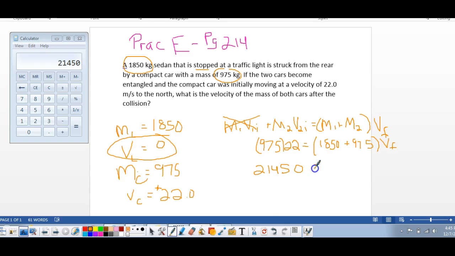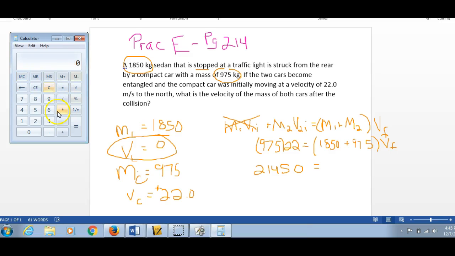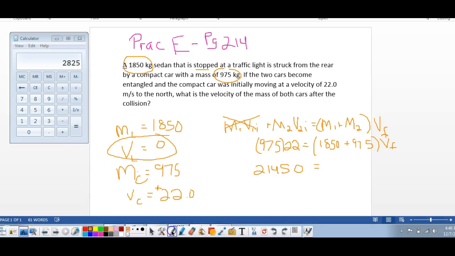And then that's going to be equal to these two things added together, so we'll just use our calculator. We could probably do it in our head, but we'll use the calculator to make sure we don't make a simple mistake and mess the problem up. 1850 plus 975 gives us 2825, and that's going to be times velocity final.